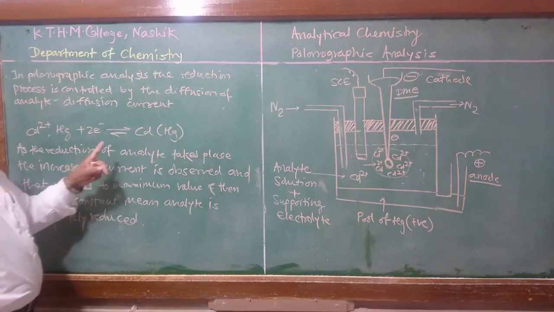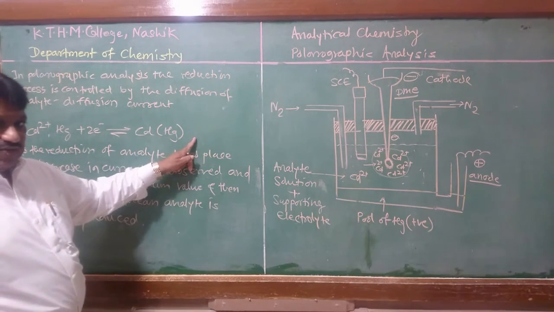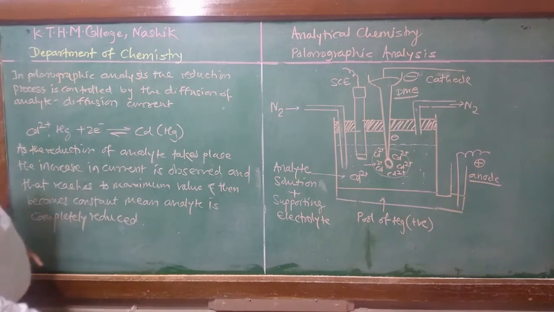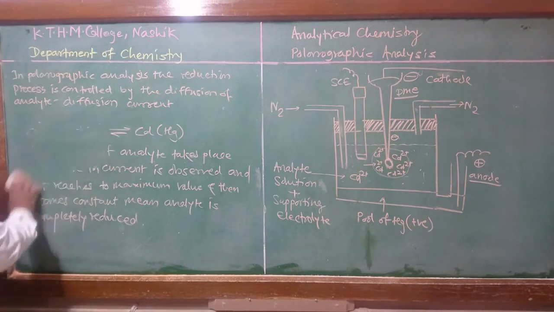If we are still increasing the potential of the working electrode, that is the dropping mercury electrode, then we observe that there is another reaction.